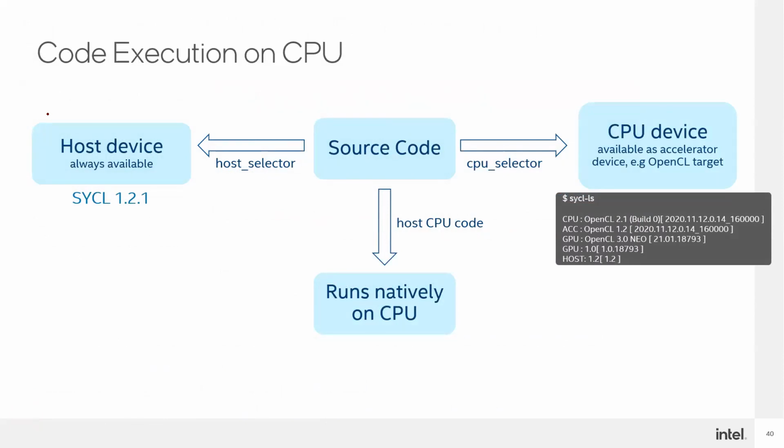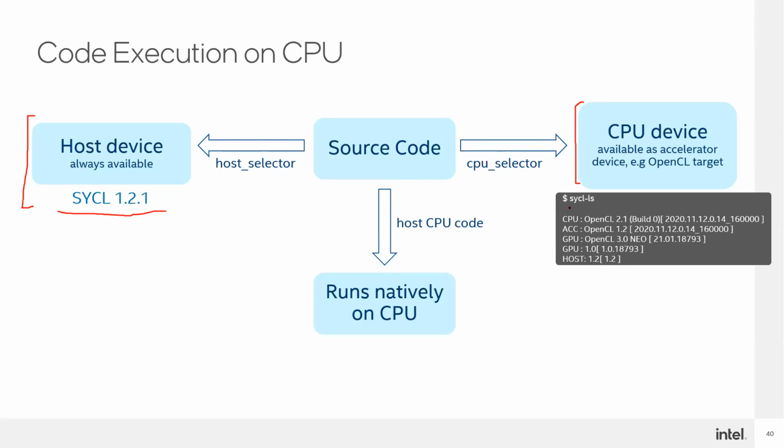So back to the question about the host device, it is a SYCL 1.2.1 feature, not in SYCL 2020 anymore. And the difference is, by standard, the host device was always guaranteed to be available. So host device, from a software point of view, is a native execution on the CPU, while CPU device is the device which is available from the lower level runtime.